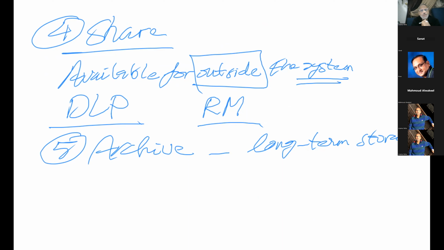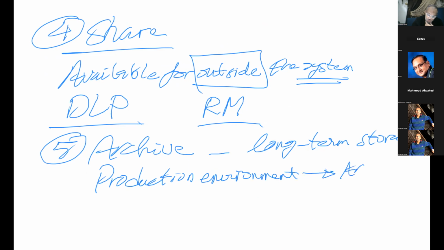Archive. When we archive, the data is not used anymore, and in this case it will be moving from the production server or environment. Let's say environment; server is not an accurate word. Into the archive. I don't know if you have seen any archive, gentlemen. Usually you will see it when you are using email or enterprise content management.